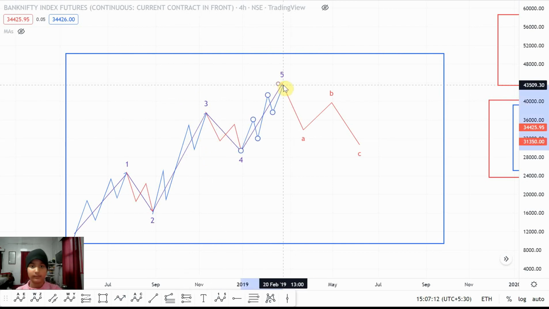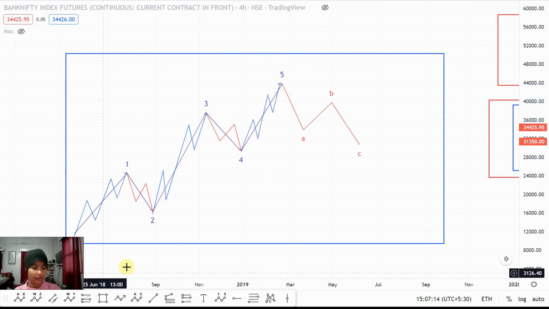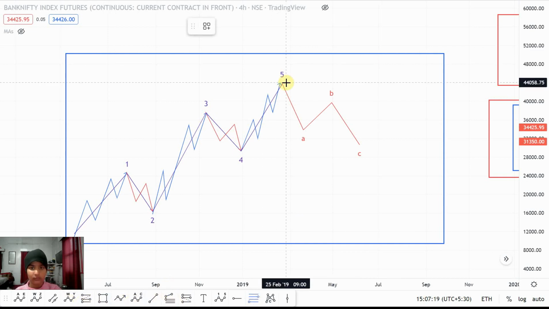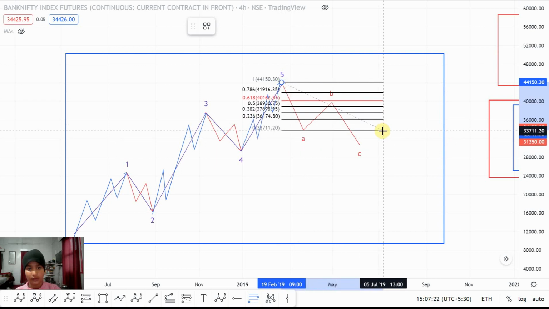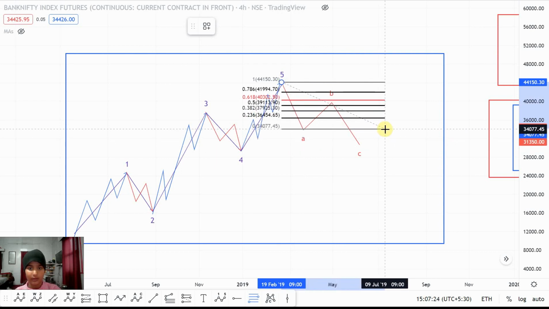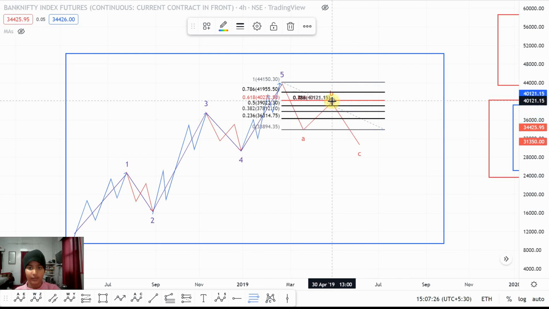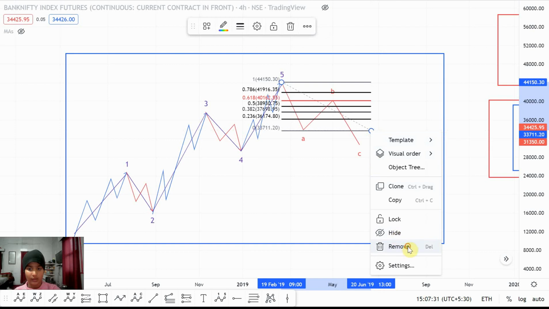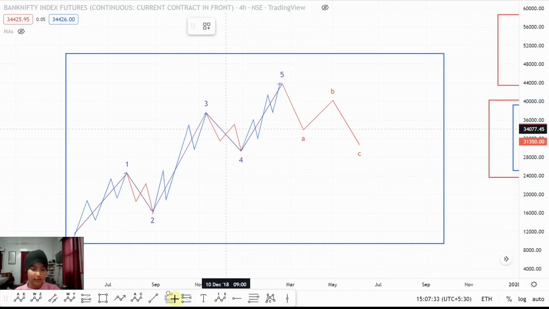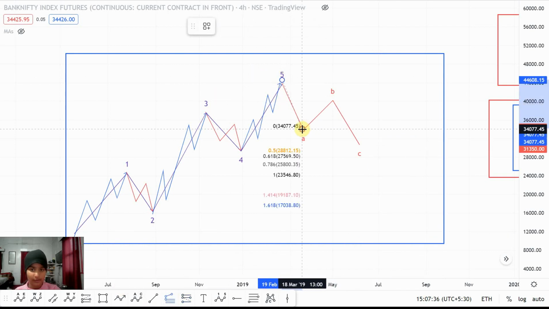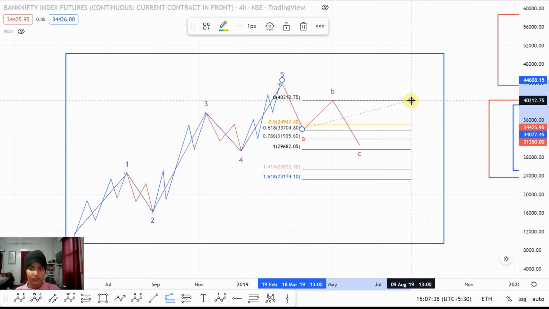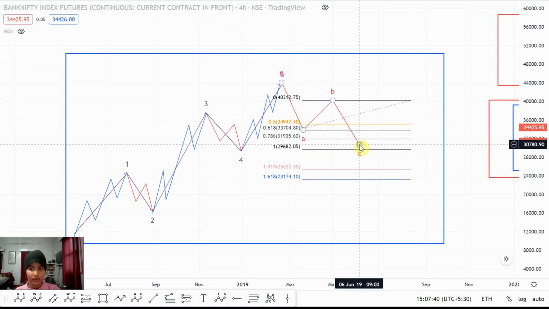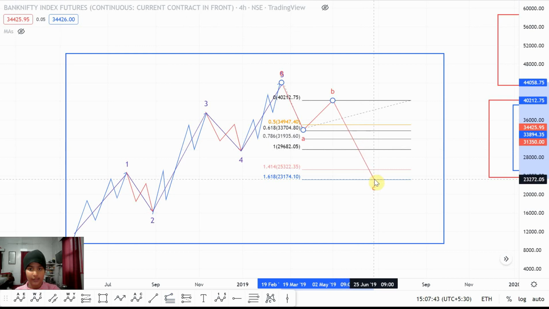Now, for checking our B wave, we put a fib. Our B wave generally comes to our golden ratio level, and for checking our C wave, we put an extension, and our C wave can extend up to 1.618 level.